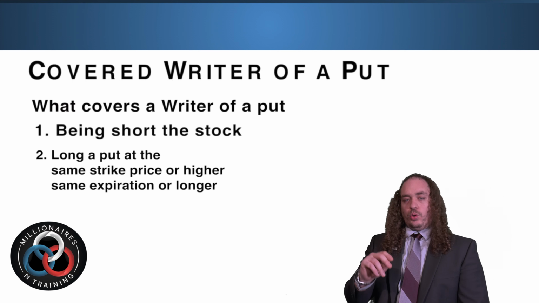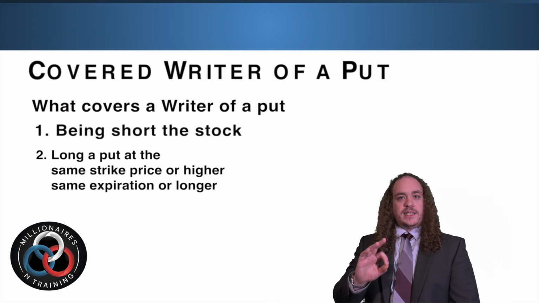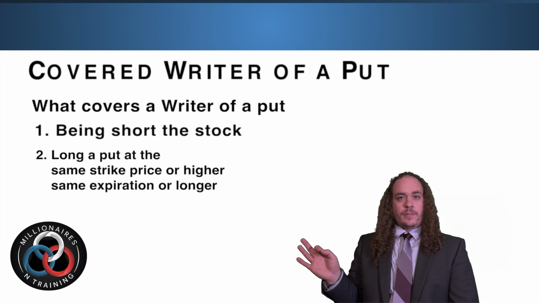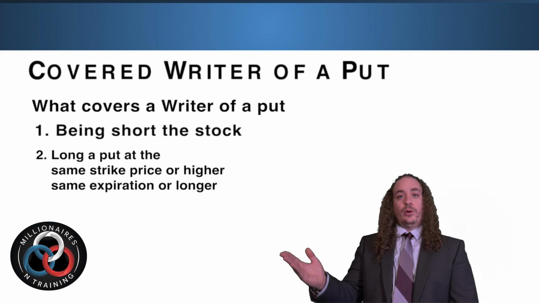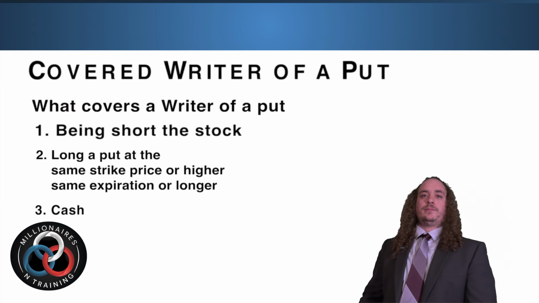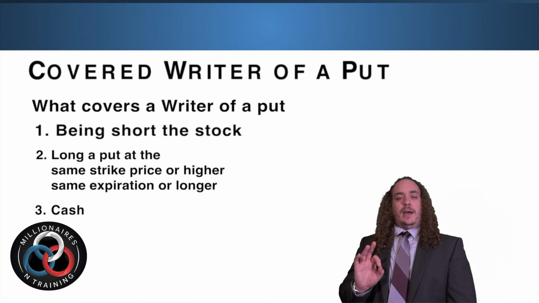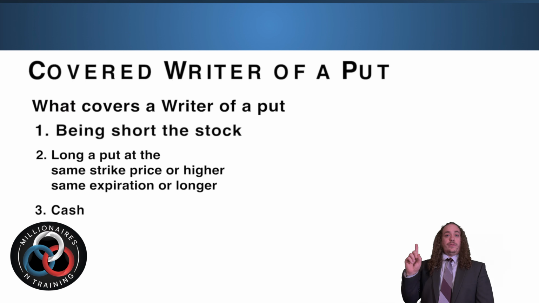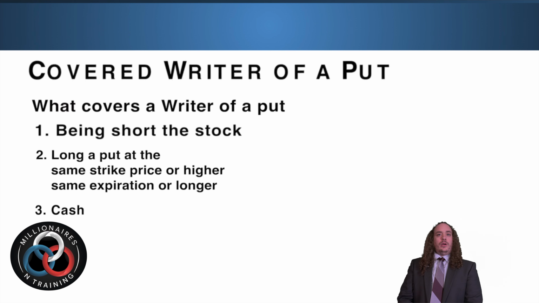Number two, you are covered long a put at the same strike price or higher, same expiration or longer, because then when the stock is put to you and you're forced to buy it, you can turn around and put it to somebody else. And the third thing that covers the writer of a put is cash. Note that cash cannot be used to cover the writer of a call.